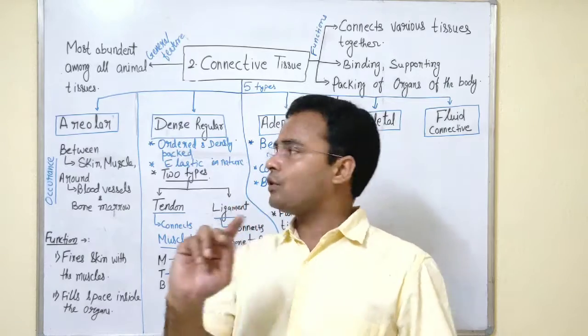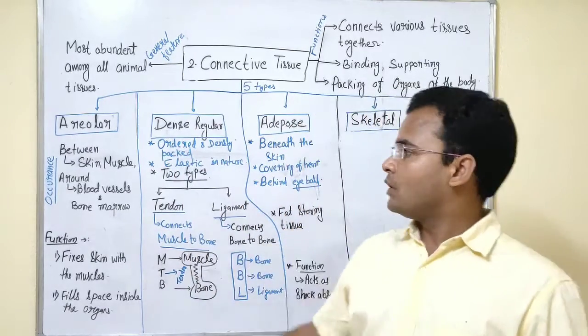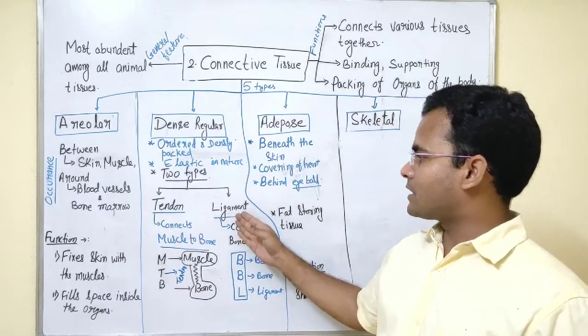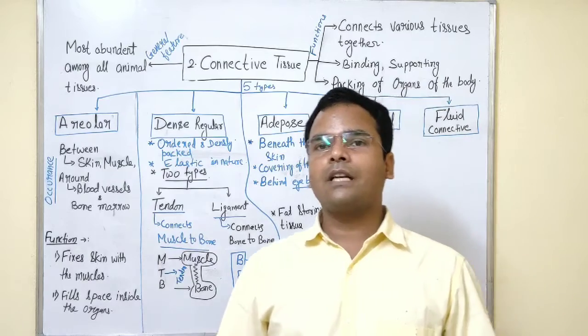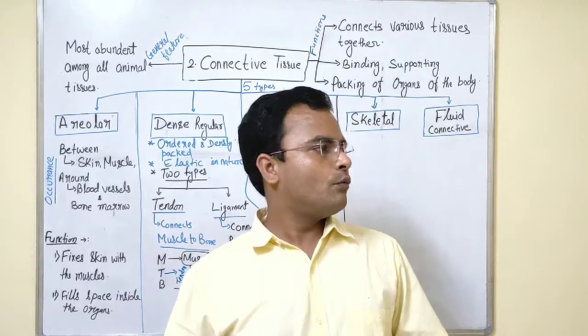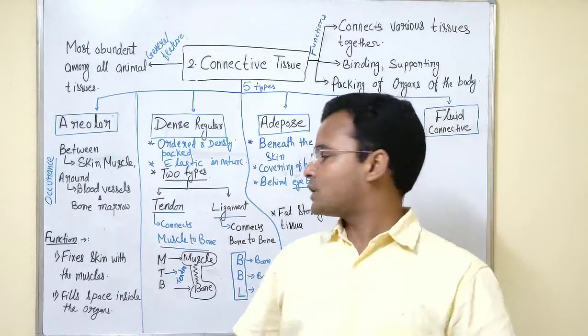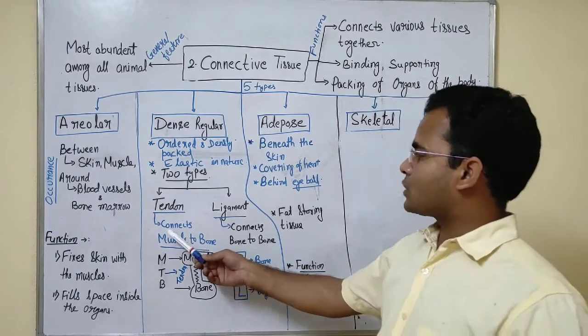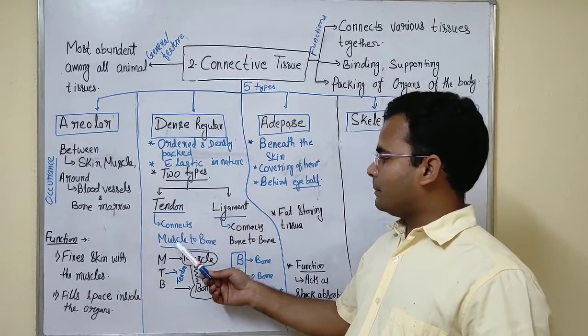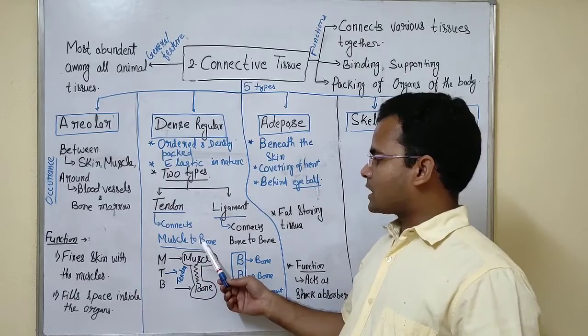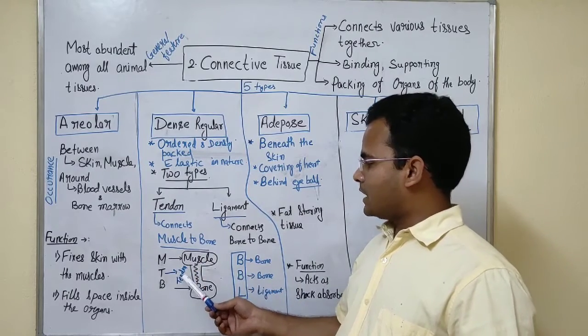There are 2 types of dense regular tissues. One is called the tendon and one is called the ligament. These are very important connective tissues which connect bone to bone and muscles to bone. Tendon is responsible for the connection of muscles to bone. Muscles to bone is connected by the tendon.